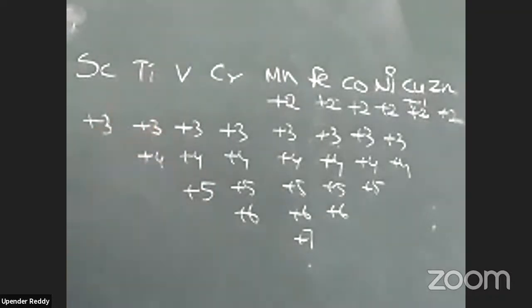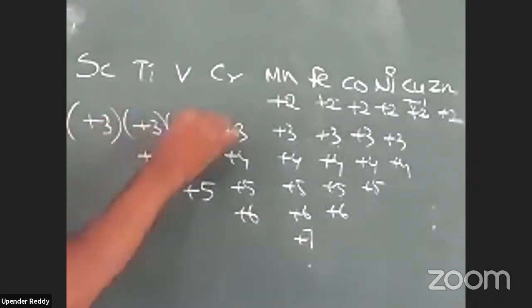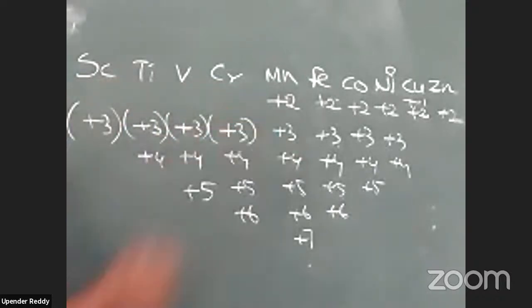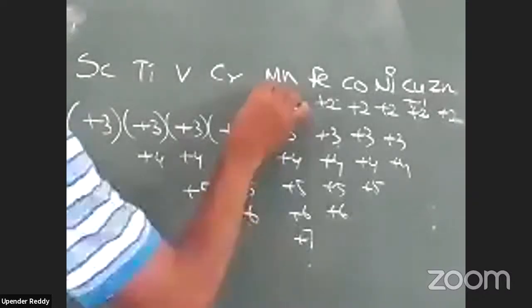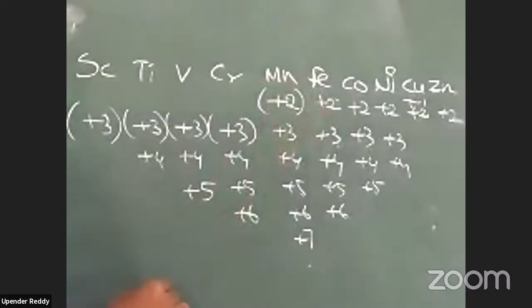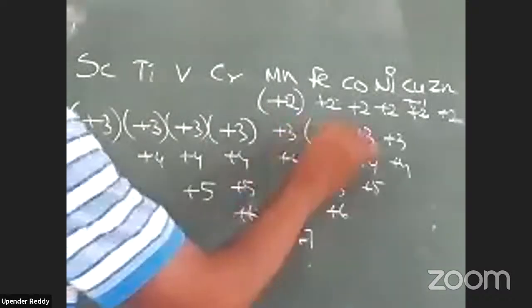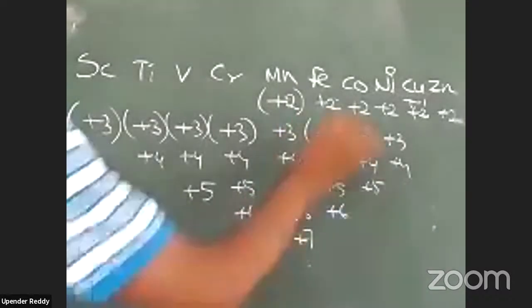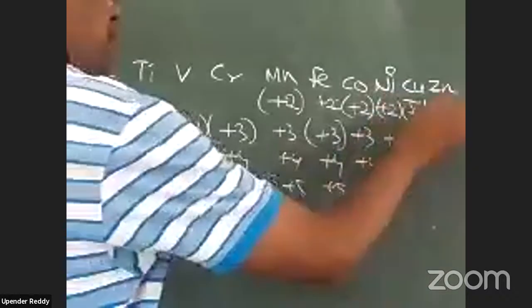Now, out of these oxidation states, for the first elements, that is from scandium to chromium, +3 is the more stable oxidation state. Later, +2 is more stable than +3, and for all the remaining, +2 is more stable.